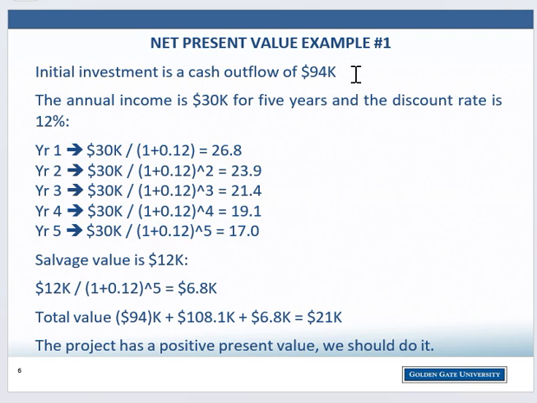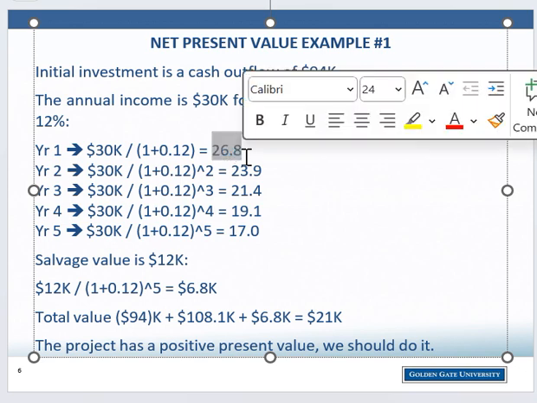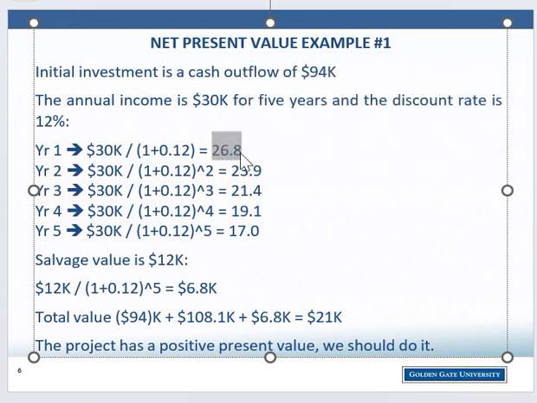Now, the initial investment is in today's dollars, it's $94,000. Then what I need to do is convert all these cash flows that are in future years into today's dollars so that I can add apples to apples. So year one is going to convert to $26,800 and so forth. I'm going to calculate the present value of the salvage value 5 years from now, and I'm going to add these up.